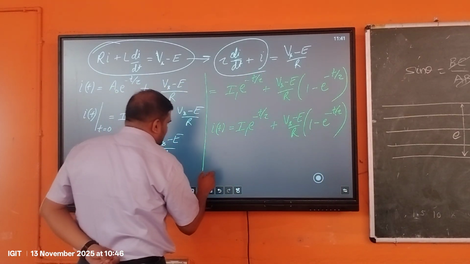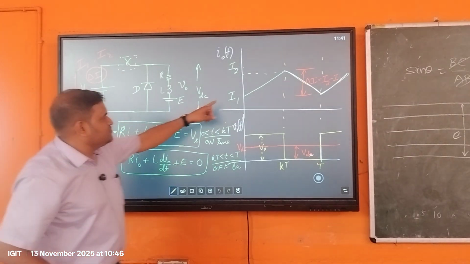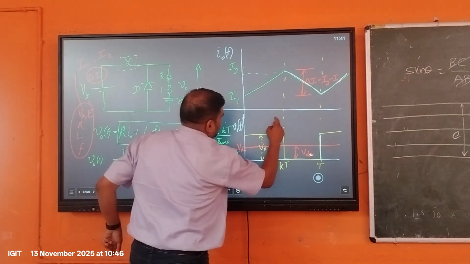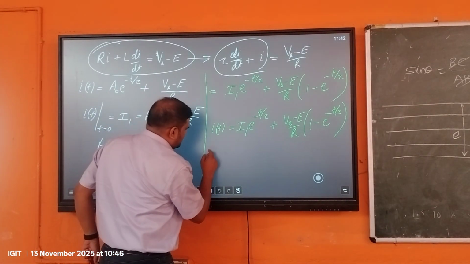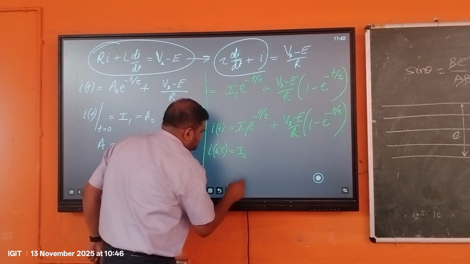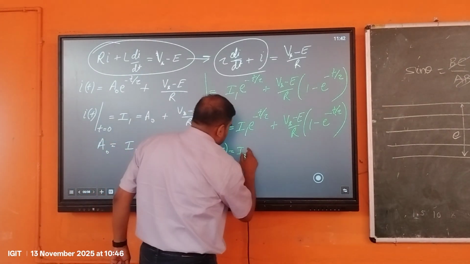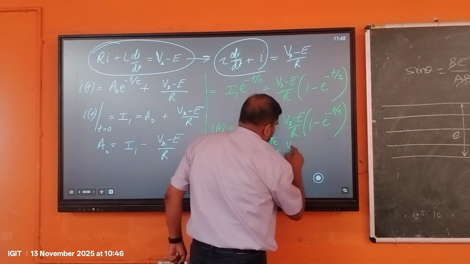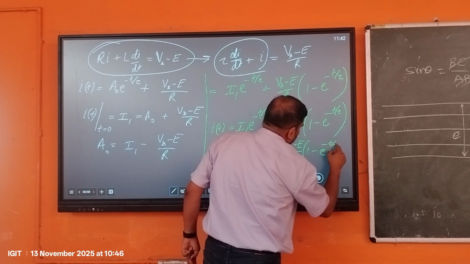Now if this is the value of I1, what is the value of the current at this time? I2. And what is the time here? k times t. So at k times t, the current I at time kt is nothing but I2. At that time the current, instead of I1, is I2. So I2 is equal to I1 e to the power minus t by tau plus Vs minus E by R times 1 minus e to the power minus t by tau.